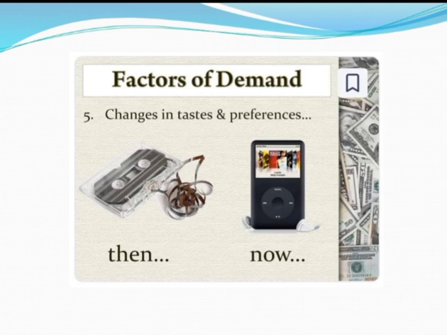In older times people used cassettes or tape recorders to listen to songs or music. On the right side we see the iPod. Old people bought that product, and now in the modern era we use iPods. Now smartphones are there, and we connect through Bluetooth devices. This is called changes in taste and preferences.